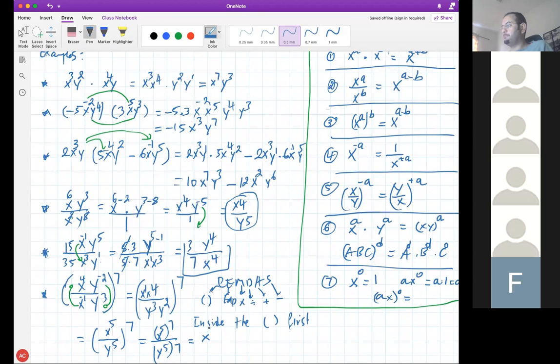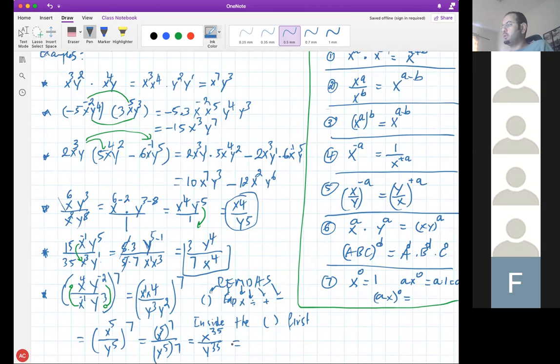Multiply A and B, that gives 35. That's right. And here, y also 35. So they happen to be the same power.